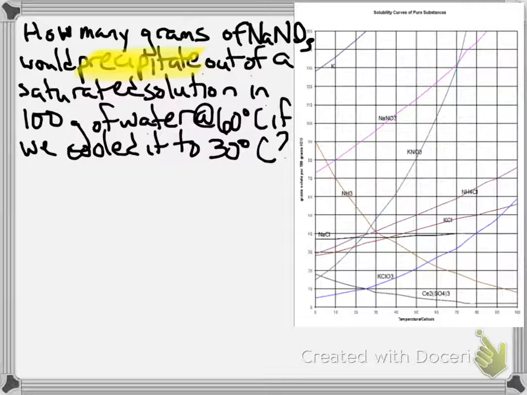So, where in a normal solution you would see just a transparent liquid, it may be colored, but you would be able to see through it, with no sign of any solid in that solution. When something precipitates, you would actually be able to see that solid in the bottom of the solution. So basically, what we're being asked here is how much of that sodium nitrate that we added in the beginning would no longer be dissolved.